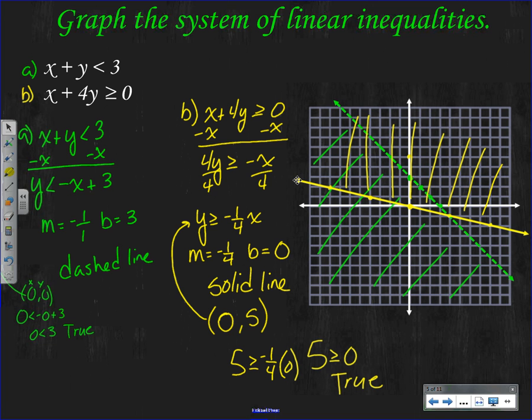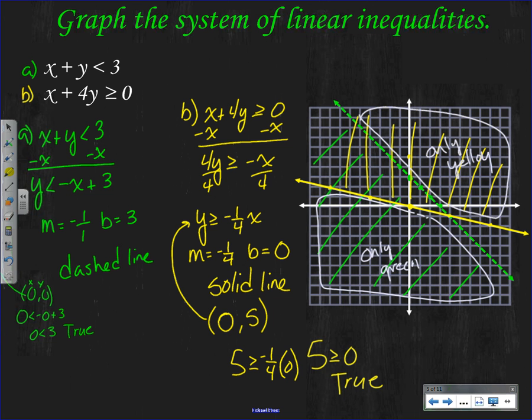Okay, so now notice I have 4 areas on my graph. I'm going to circle them in white for you so you can kind of see them. I have this area where only the green is true, right? Only green. Okay, I have this area where only yellow is true.